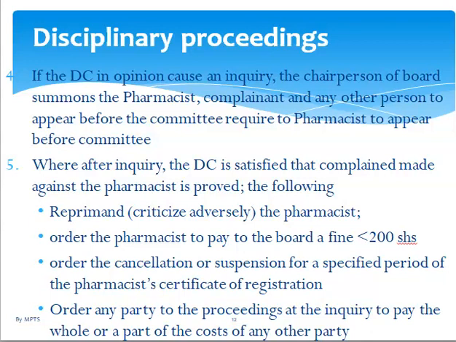But I think by then, in 1971, this was a lot of money. Right now, I don't know the equivalent, because if you go to the Narcotics Act, the money is in currency points, which means that it is not affected by inflation. Even this one has to be in currency points, not 200 shillings. Or order cancellation or suspension for a specified period, and then order any other penalty.